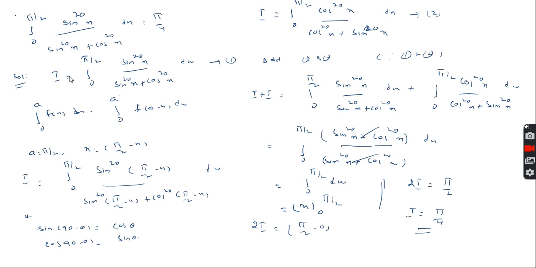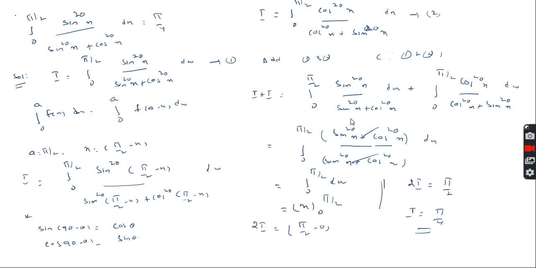Equation 1 is I and equation 2 is also I. So I plus I is equal to the integral from 0 to pi by 2 of sin^20 x by sin^20 x plus cos^20 x, plus cos^20 x by sin^20 x plus cos^20 x.